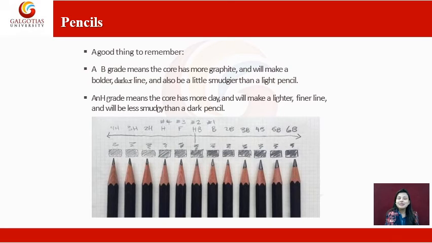So basically B pencils are used for shading purposes, for the darker line. H grade means the core has more clay and will make a lighter, finer line, and will be less smudgy than a dark line. So basically it is used for construction lines, for light lines, and HB pencil we use for lettering purposes.